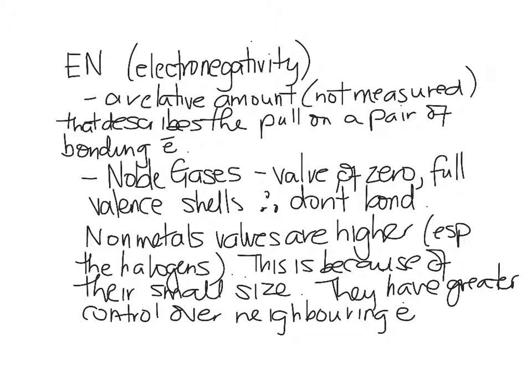Okay, so the smaller you are, the more effect your positive nucleus can have on electrons around it. So the smaller values go to the metals because they are larger. Their positive pull is less felt.